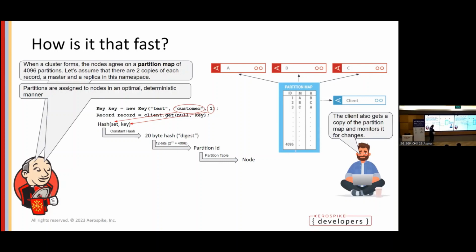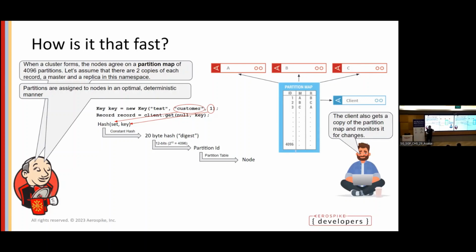Okay, so what happens is if you are trying to write to this test customer set, say the document with key 1, it's going to hash. Once it hashes, it produces a 20 byte hash, which is called the digest. The first 12 bits of it is what is called the partition ID.